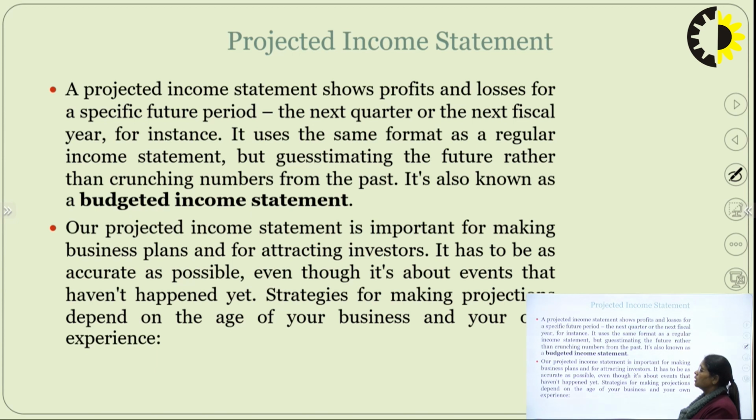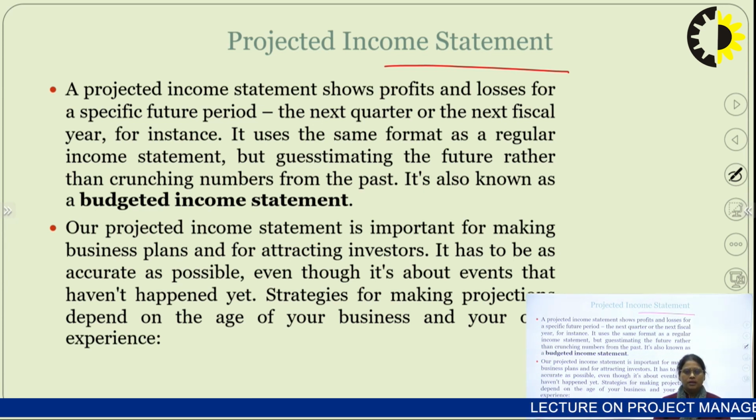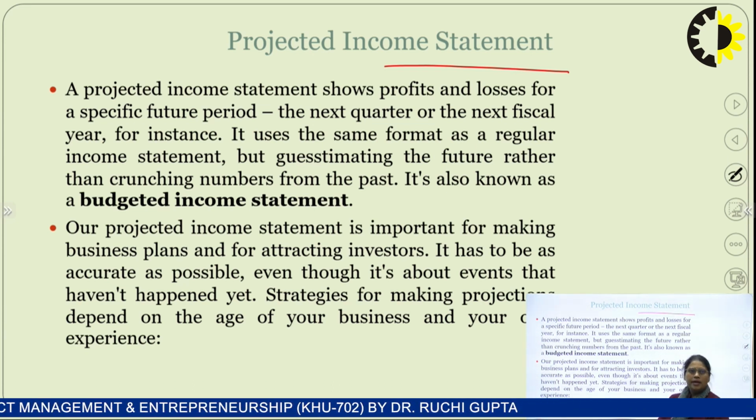Now, the second type of financial statement is the income statement. This is also one method to evaluate the financial condition of any company. So, what is an income statement?